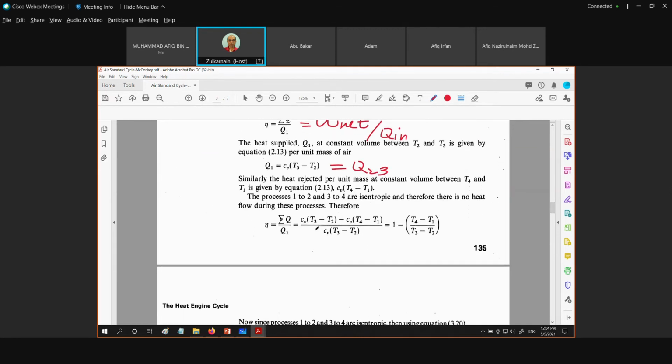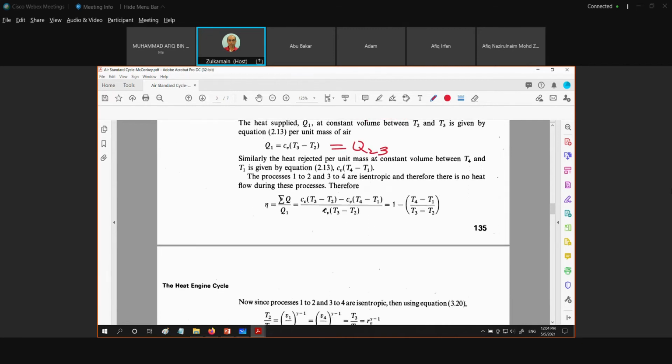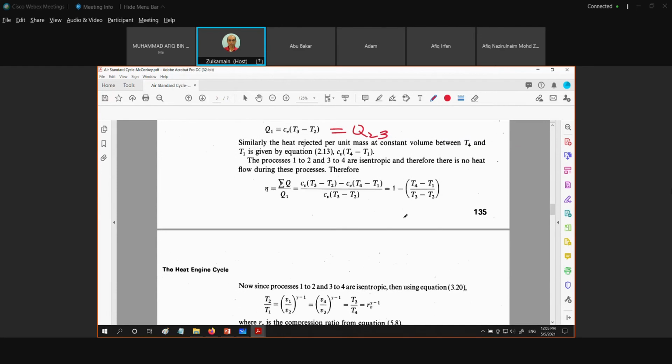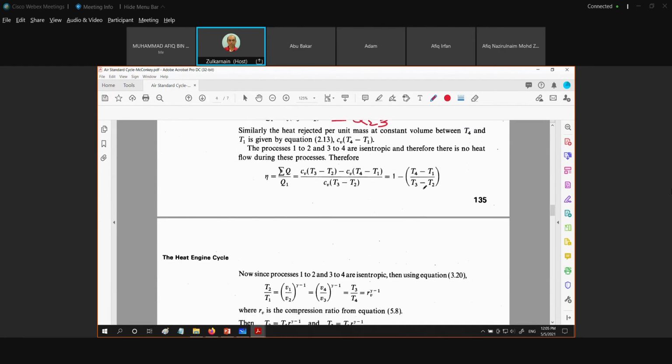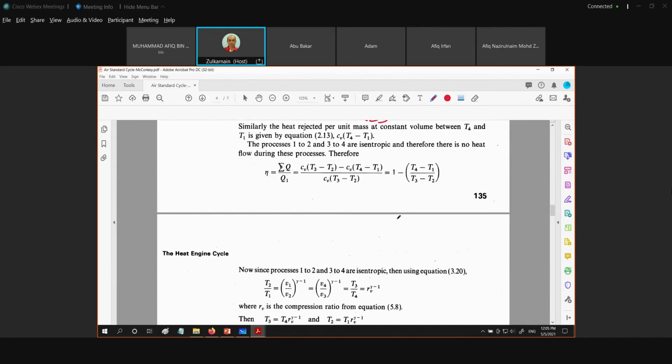And if you look right here, the W net is Q23 minus Q41, right? And if we assume that the Cv is constant, in this case for air, then we have this type of equation, 1 minus (T4 minus T1) divided by (T3 minus T2).